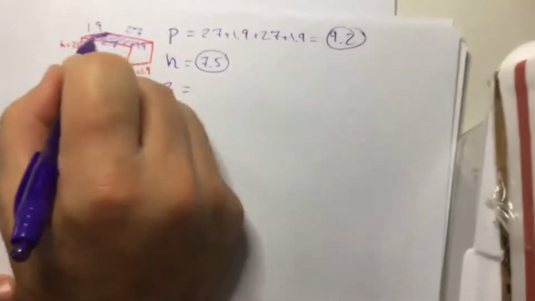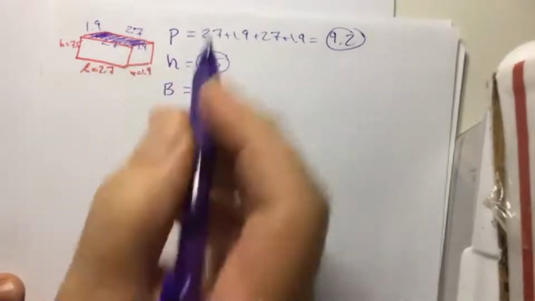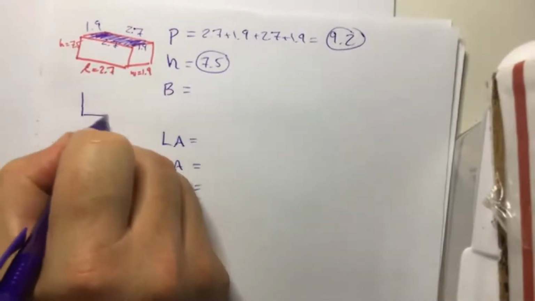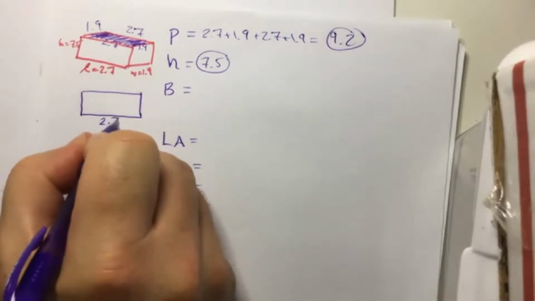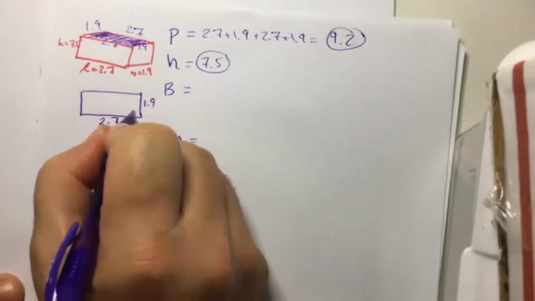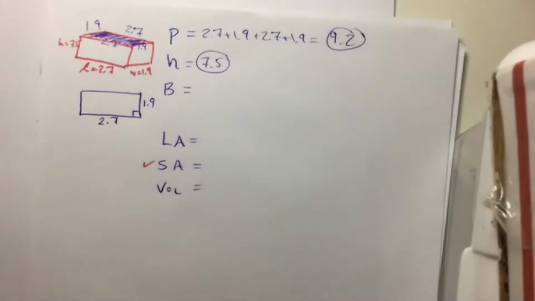So this base is what shape? Just looking at the two-dimensional shape now. It said it was a right rectangular shape. So how do you find the area of a rectangle? You just multiply those together. Yeah, length times width, right?